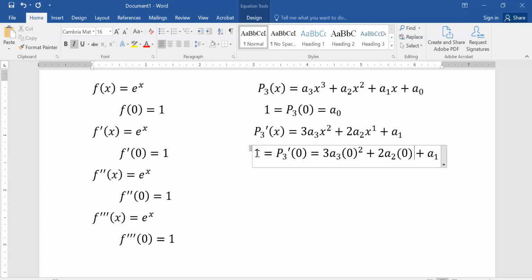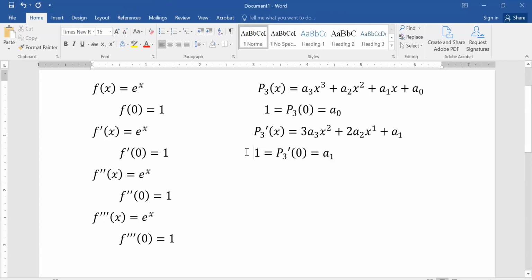And notice what this is forcing. Again, the terms with the x's are going away. This is forcing a1 to also be 1.